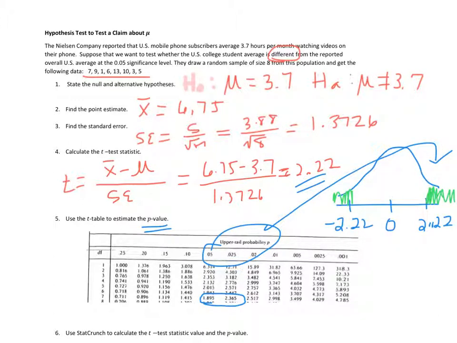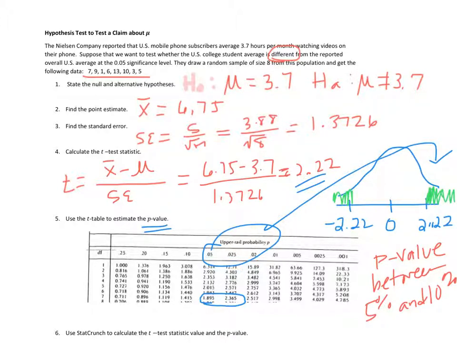And because this graph is symmetric, we also know that the area of the lower green tail is between 2.5% and 5%. So the overall p-value, which is only an approximation, we get by adding those values, so it's between 5% and 10%. Again, just adding the two areas of those green curves.